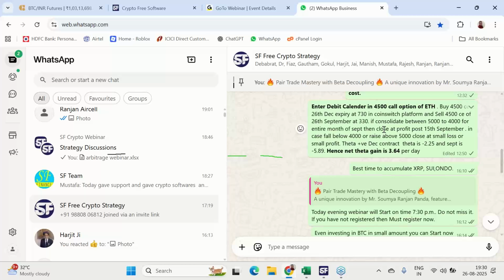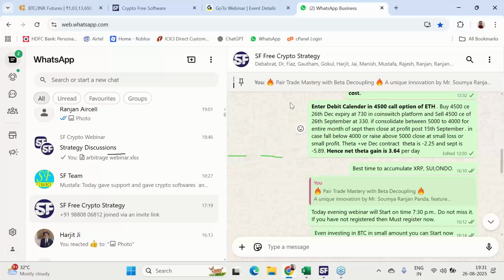Sometimes the exchanges fix their own rate for the conversion, and these coins, whether Bitcoin or Ethereum we are trading, have different categories, and futures do not have any expiry because they are perpetual futures.